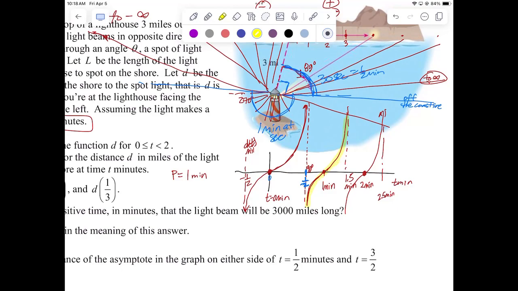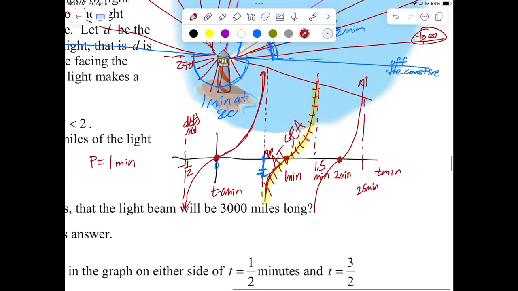Are we seeing that light beam on the coastline? No, because it's out at C. So this branch is not really of use to us at all. It isn't until minute 1.5 that it picks back up on the coastline and continues.